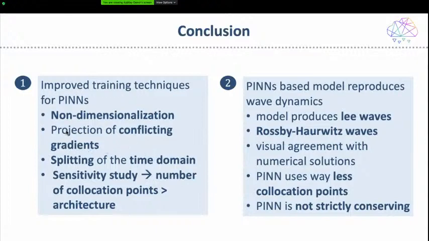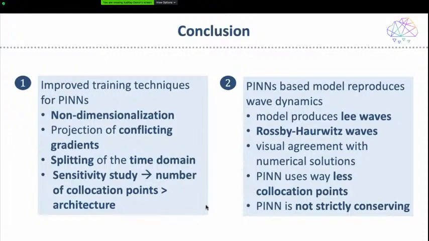We don't have a comparison for the conflicting gradients or non-dimensionalization without using them, but at least it seems like they find good solutions using these approaches. And it's also interesting to see that in this case it's way more important to have enough collocation points than a more complex network.